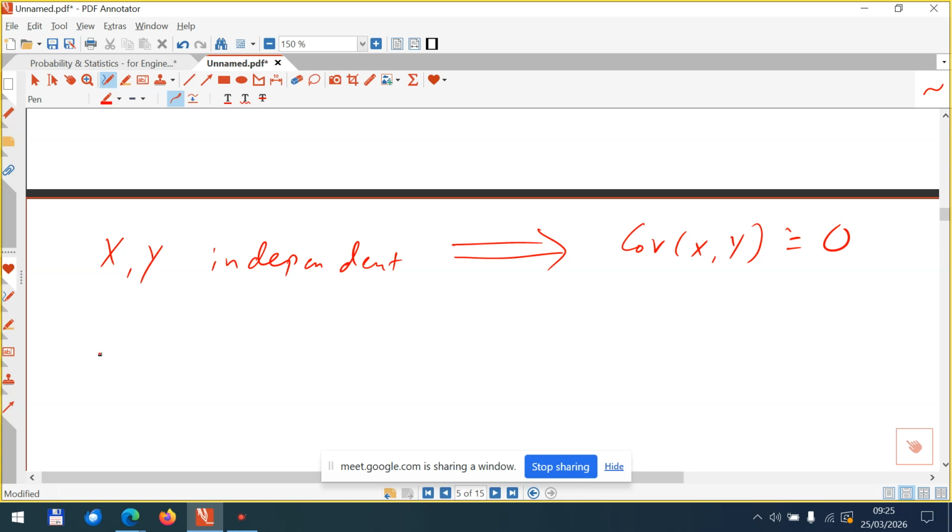But that doesn't mean that if the covariance of x and y is zero, I can conclude that x and y are independent. Why? I already told you the reason, because they can be nonlinearly related. So this is a limitation of the covariance.